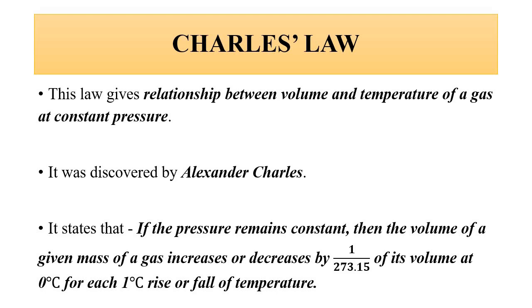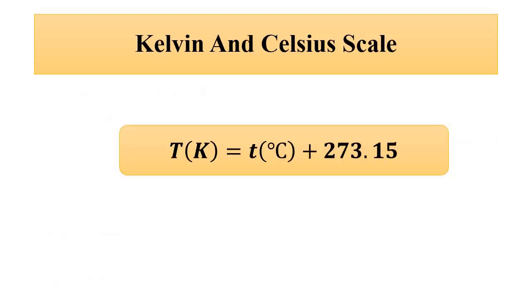273.15. 0 degrees Celsius is equal to 273.15 Kelvin. This is the relationship between Kelvin and Celsius. So if we substitute 0 degree Celsius, we get 273.15 Kelvin.